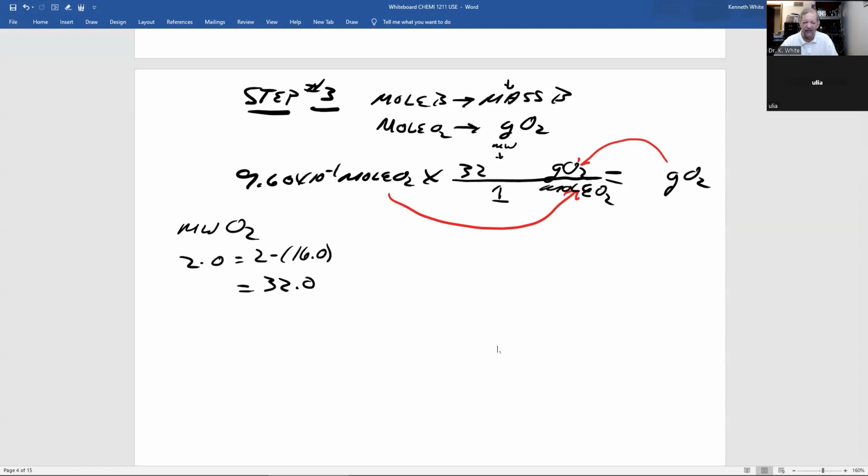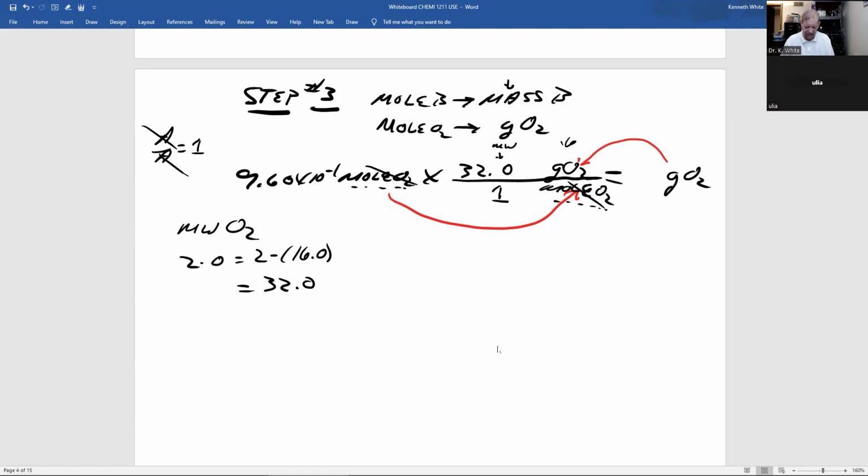And I'll put that right here. And now I'll look at my units. Moles of oxygen divided by moles of oxygen cancel out, because anything divided by itself equals the number 1. I'm left with grams of oxygen.